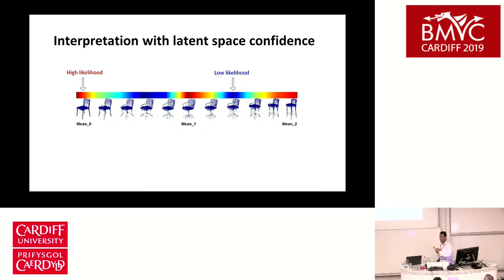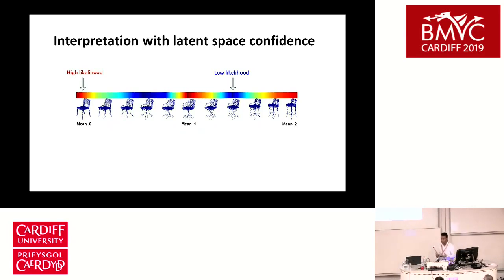Of course, like with any autoencoder, you can interpolate and explore the latent space. You can see here that I am doing linear interpolation between three means of the Gaussians which I have learned. Focusing on the instances between mean 1 and mean 2, for example, the latent space is of course capable of generating some weird hybrid shape between a stool-like chair and a rolling chair.